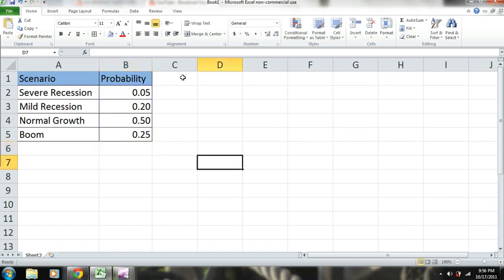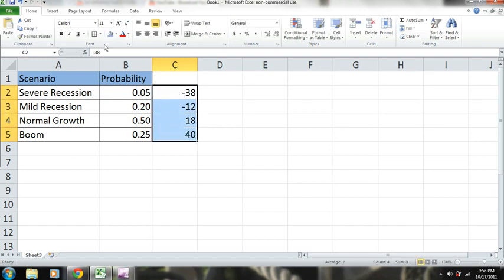Okay, so now we're going to enter the returns that this investment has historically earned with these different economic states. We'll say that this investment historically has lost 38% during a severe recession. It has lost 12% during a mild recession. It has earned 18% during normal growth and 40% during a boom.